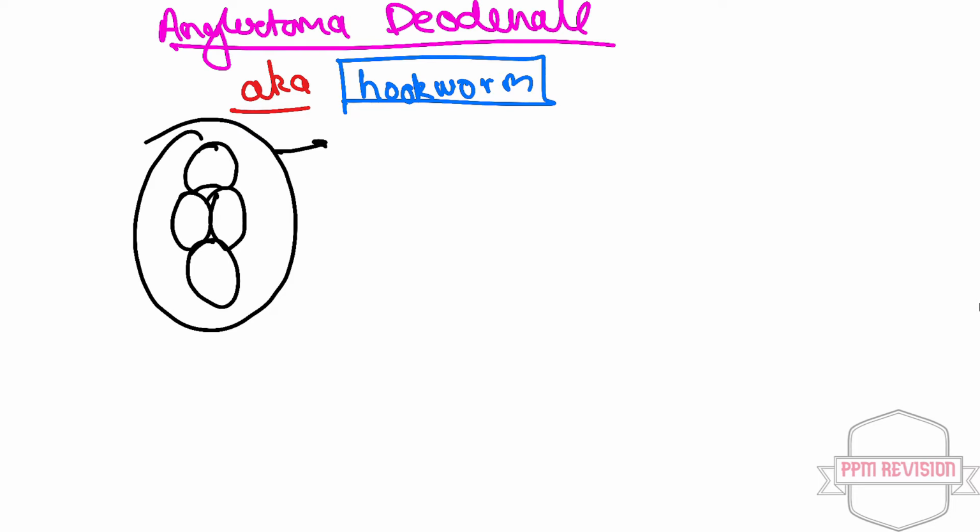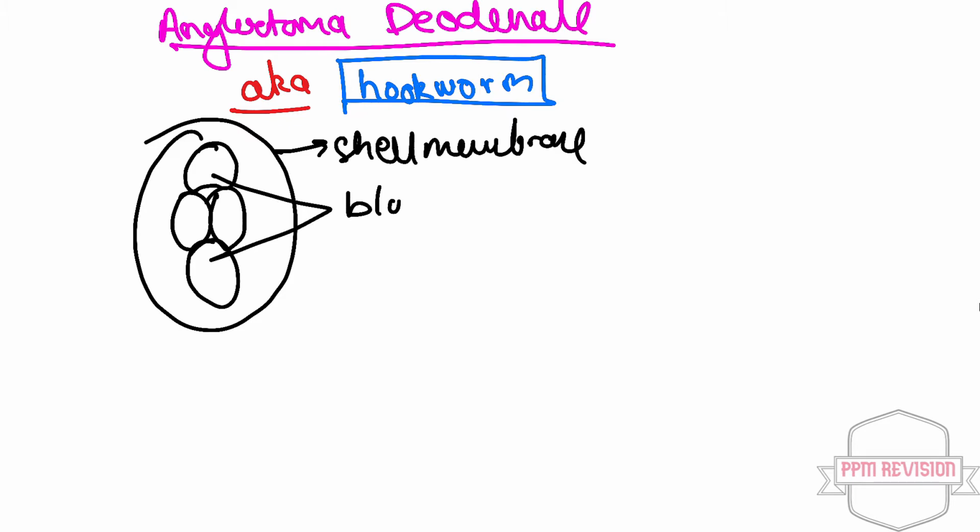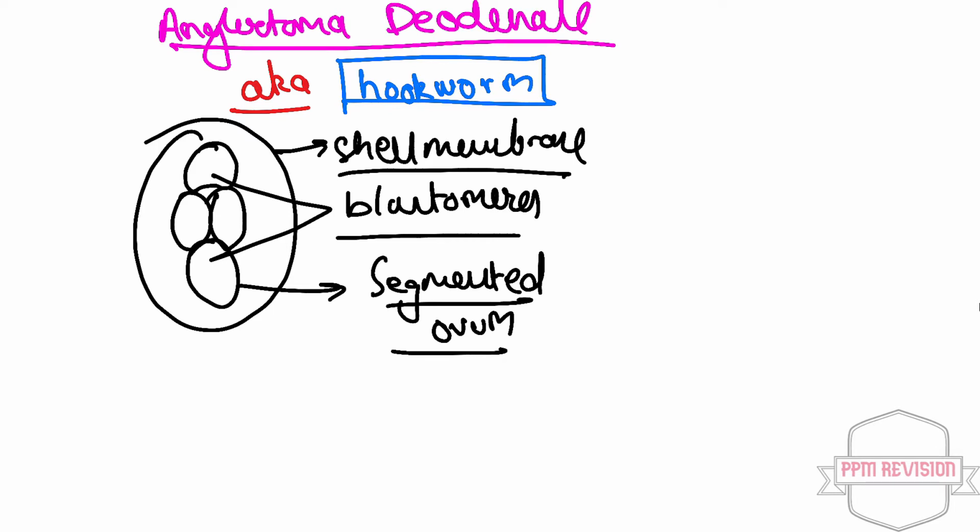This is the shell membrane. These are the blastomeres, and this is the segmented ovum. So these are the things: the shell membrane, blastomeres, and segmented ovum.